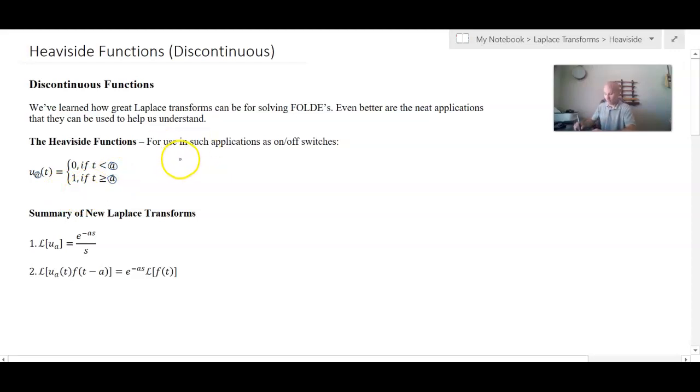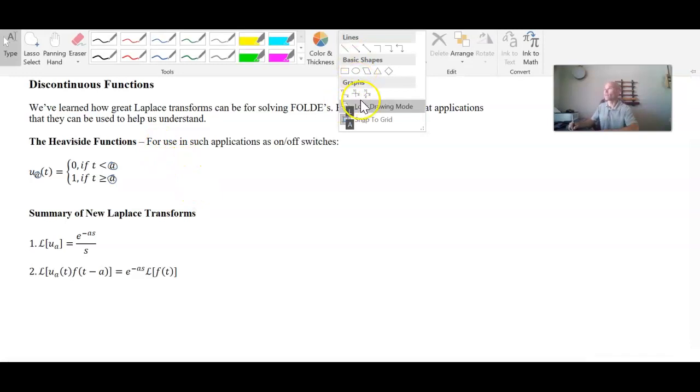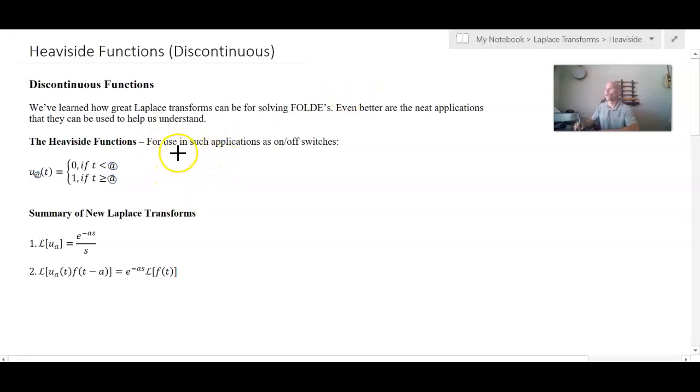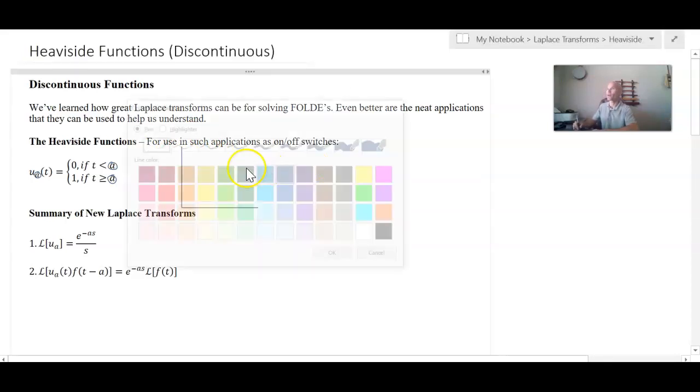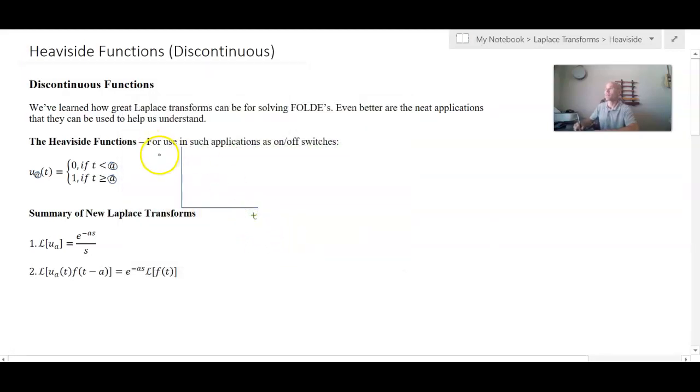So let's take a quick look at a graph of what this function actually is telling us. So here we have time, and this will be our u sub a of time. Okay, and so let's just say there's some time here. We'll just say right there, that's time equals a. And up until that point, our function is defined to be 0.